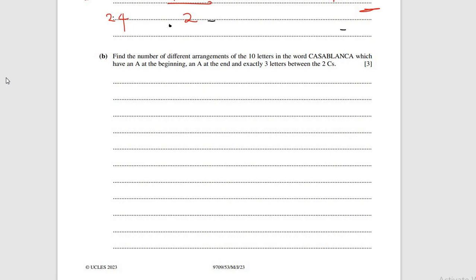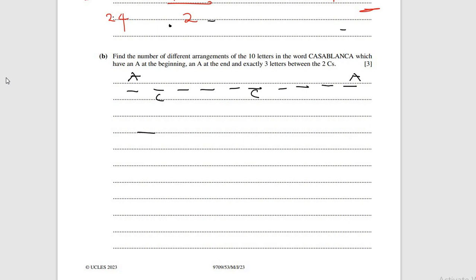Okay, 10 letters: 1, 2, 3, 4, 5, 6, 7, 8, 9, 10. A at the beginning, A at the end, and exactly 3 letters in between the 2 C's. So if there's a C here, there must be 3 letters in between it before another C. This is one option.